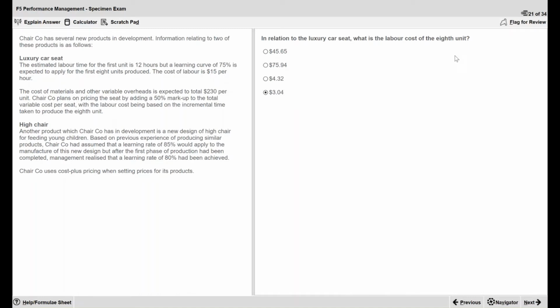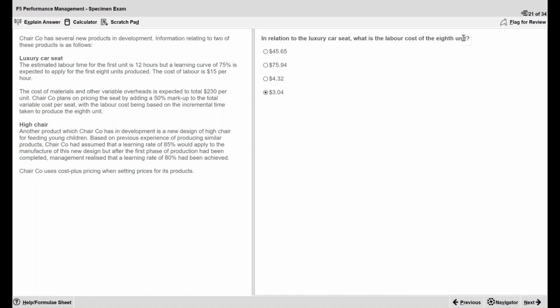Okay, they are asking for the cost of the 8th unit, which means we have to find the time of the 8th unit. We could use 2 methods, the algebraic method and the tabular method. The tabular method, remember, is only used when output becomes double, which is the case here, but it cannot find the time for a specific unit, which is the situation here.